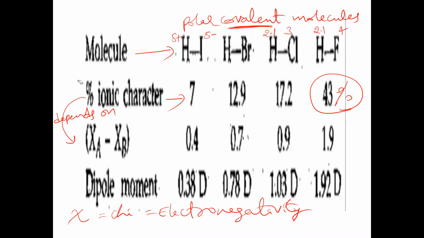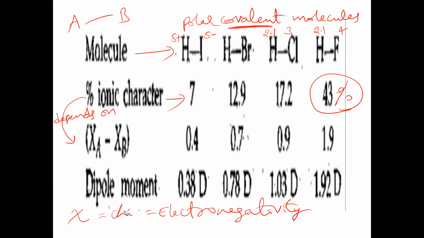Chi A means for atom A, and chi B for atom B. If you take HI, here H and I, that is atom A, atom B. The electronegativity of element A minus the electronegativity of element B. This difference is used for calculation of the percentage of ionic character. Is that clear?